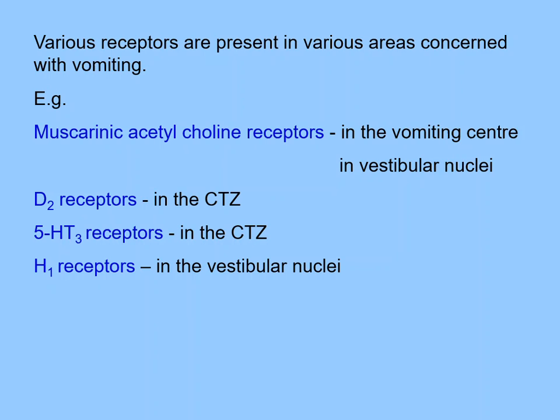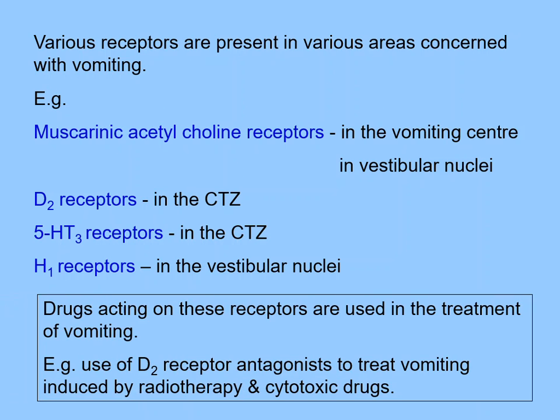Drugs acting on those receptors are used in the treatment of vomiting. For example, D2 receptor antagonists are used to treat vomiting induced by radiotherapy and cytotoxic drugs.